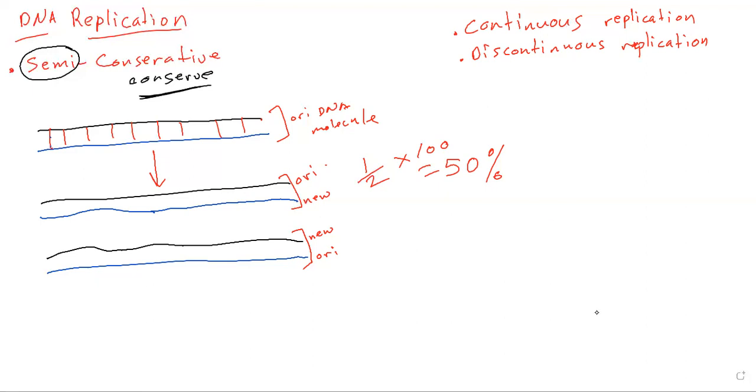So put the name of the two strands. You're probably interpreting it incorrectly. So you have the lagging strand, and you have which other strand? There's a lagging strand, there's also the leading strand.